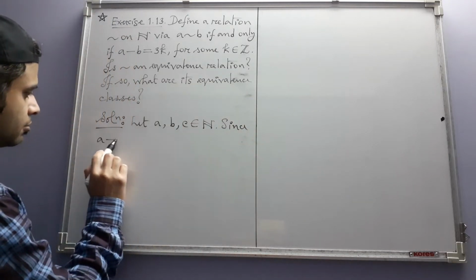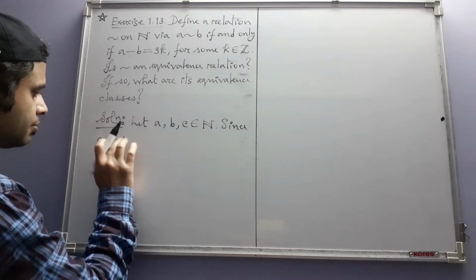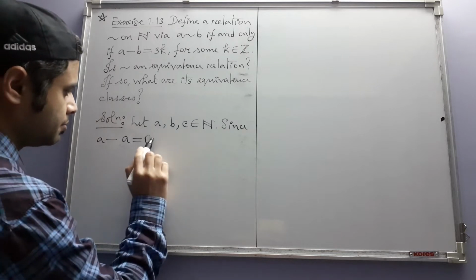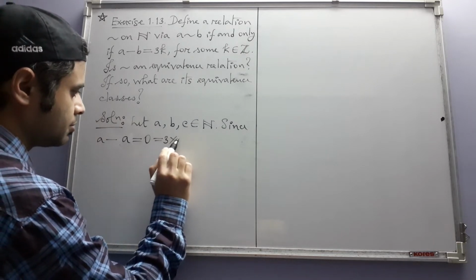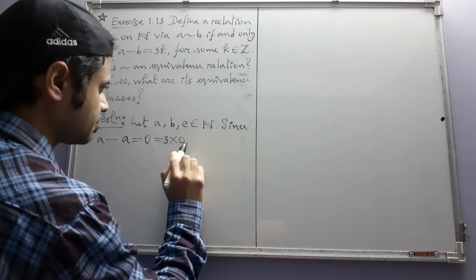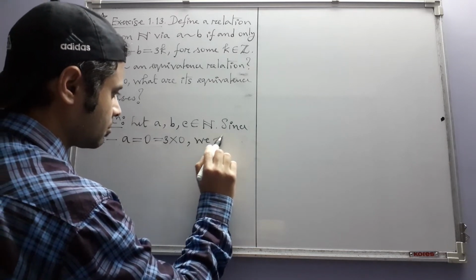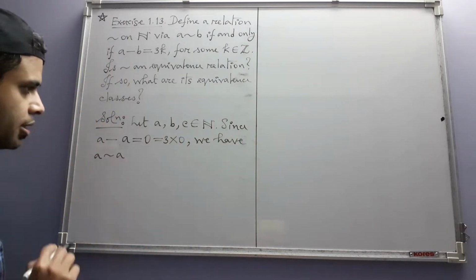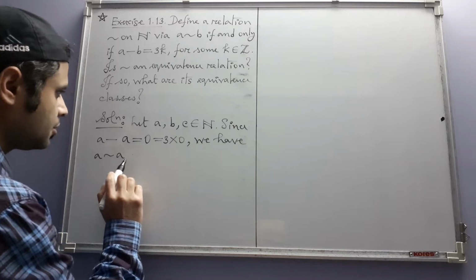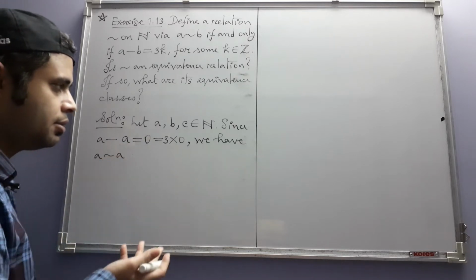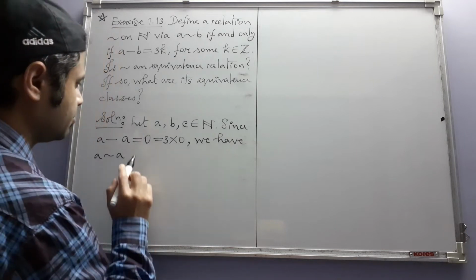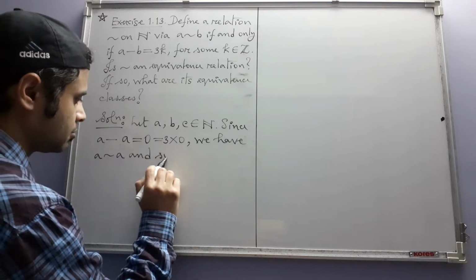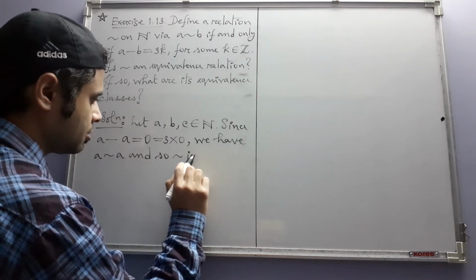Since a minus a is 0, which of course you can write as 3 times 0, we have a related to a, and that means every natural number is related to itself because a has been chosen arbitrarily, and so this relation is reflexive.